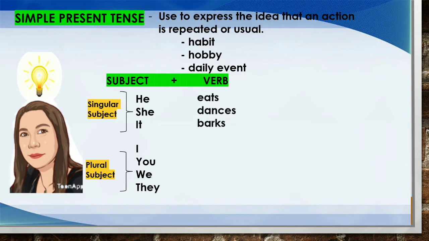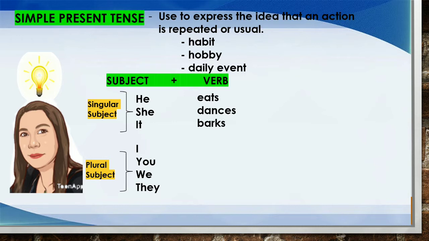If we add a singular verb to a singular subject, we notice that the verb has an S at the end. For example, he is a singular form, plus a verb also in a singular form, eats.